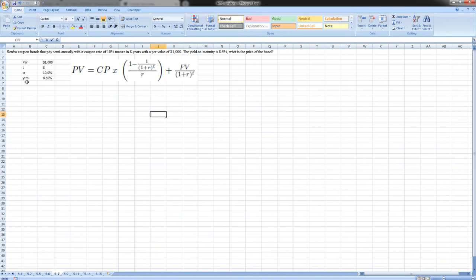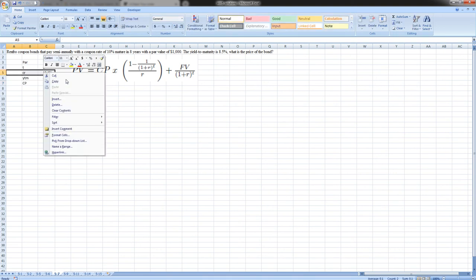Now, we need a little bit more information here if we're going to enter some values. We need to get our payment, and so our payment is equal to our par amount times our coupon rate. Let's do coupon payment. And let's also add in here an area for subperiods.